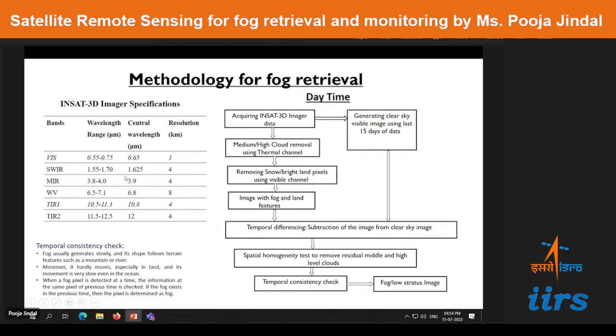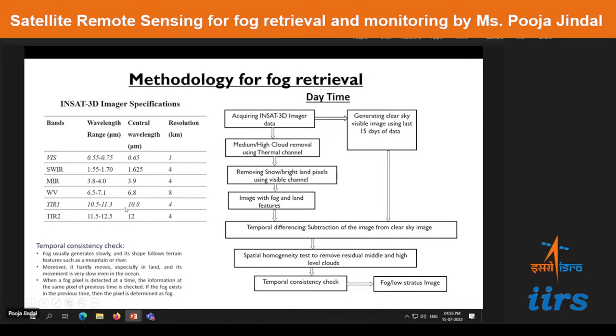We also have the solar contribution. So in the daytime, we will have a mixture of the reflected solar radiation as well as the emitted radiations from the Earth's surface. Therefore, this channel will have high energy and the difference will always be negative, whether it is fog or any other area.